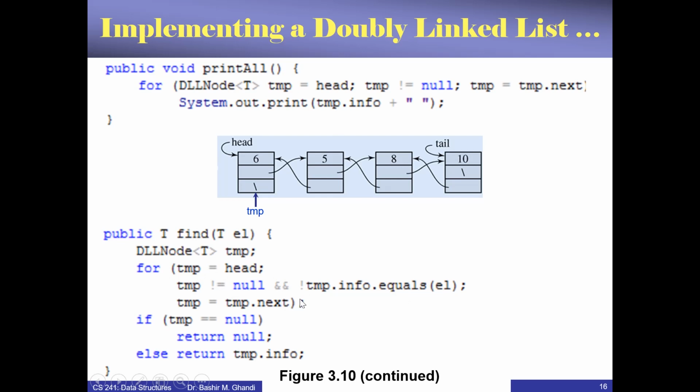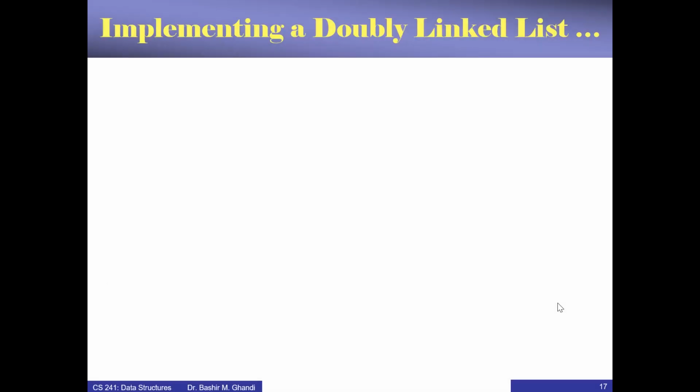When the loop stops, and the loop doesn't have any body, just the increment, we just need to check what is the value of temp. If it is null, it means we never found our target, and therefore just return null. But if it is not, then temp will have stopped at the correct node, so just return temp.info. This is the find method, nothing different from the one in singly.